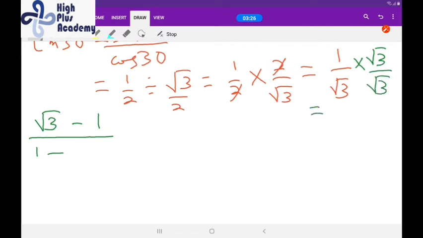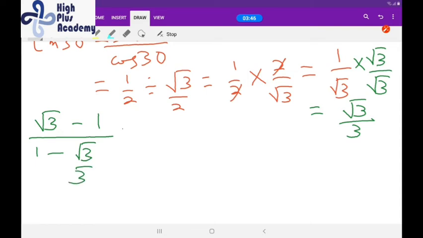And that becomes 1 times root 3 is root 3. Root 3 times root 3 is root 9, and that is 3. In a nutshell, root 3 times root 3 is 3. So tan 30 is either 1 over root 3 or root 3 over 3.